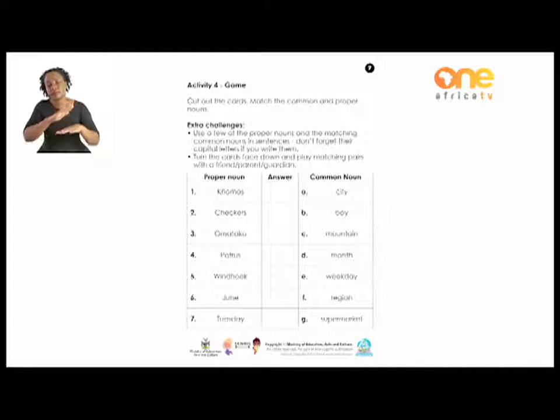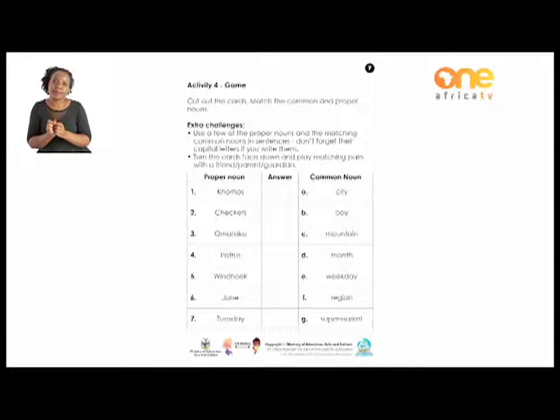For example, we have number 1, commerce. The word which corresponds with commerce is region. So we say commerce region.